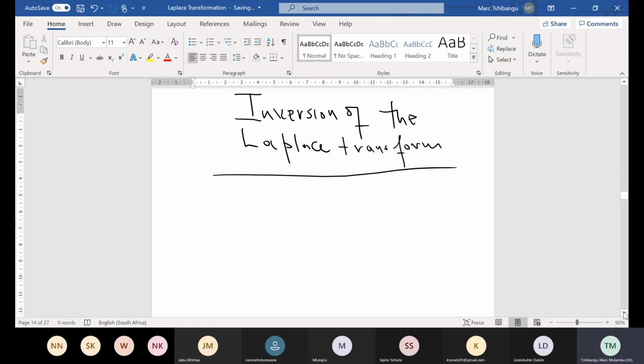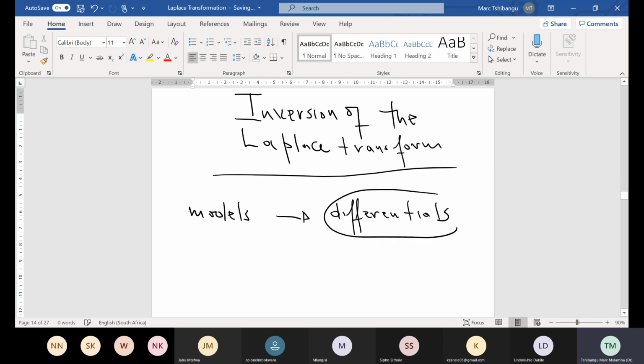And from the process modeling principles, we had different models. And these models were differential equations, which we couldn't solve. We just described the models and then we stopped there. They were differential equations, all right?